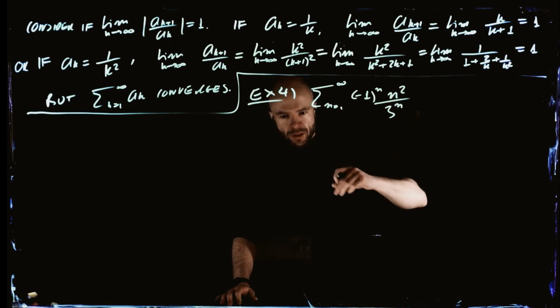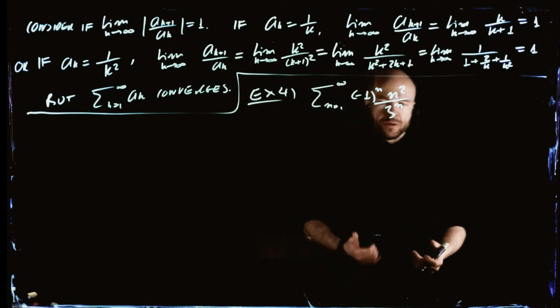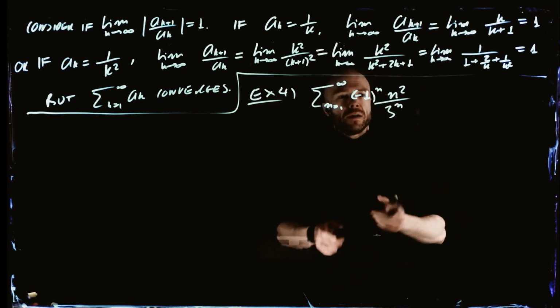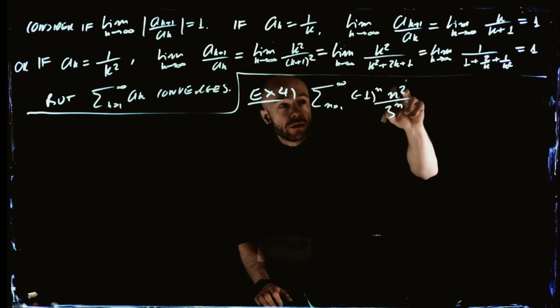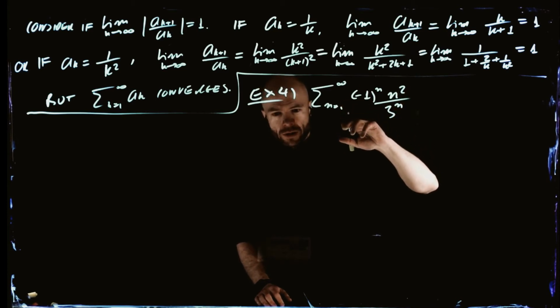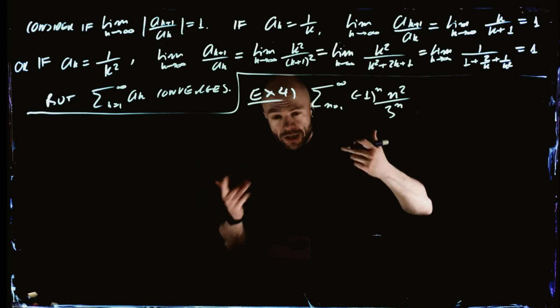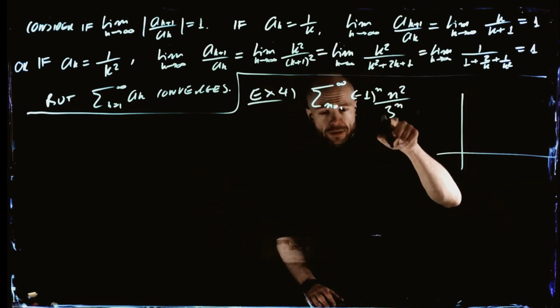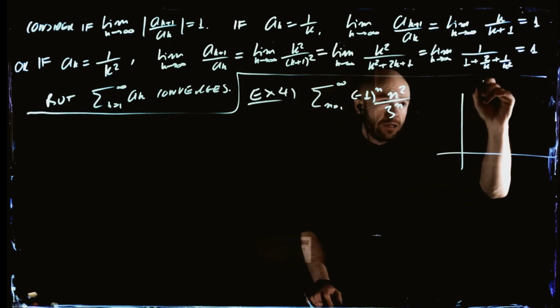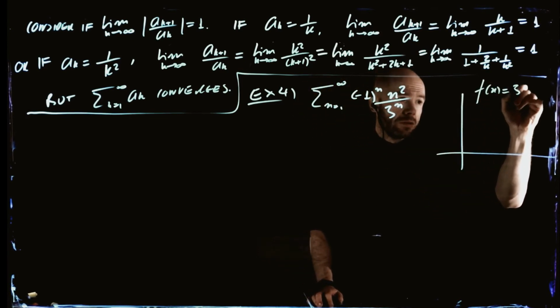But what I'm hoping is that you will look at this and go, okay, on the bottom it's 3 to the n, which is blowing up very fast, and on the top it's n squared. And 3 to the n is actually exponential growth. The function that recovers the 3 to the n is f of x equals 3 to the x.